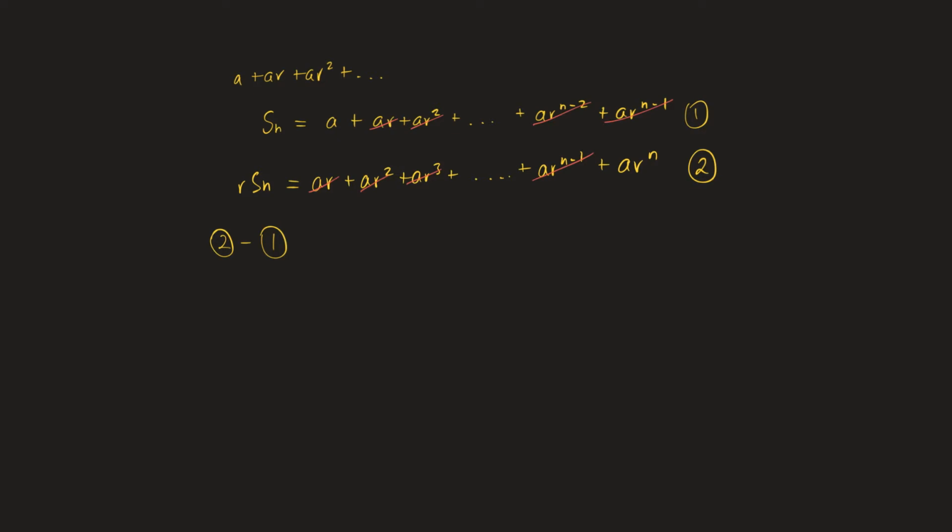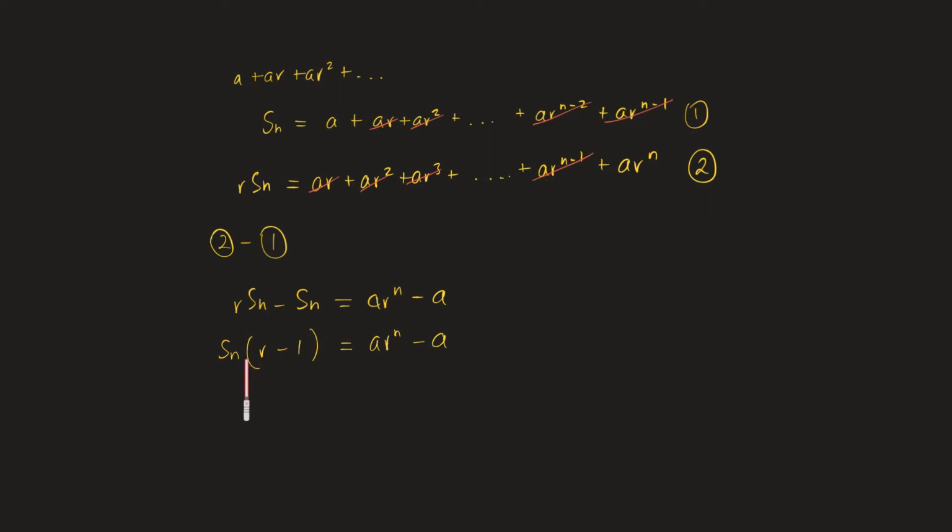And that will leave me with rSn minus Sn equals ar to the power of n minus a. And what I can do on this side is clean that up a little bit. So Sn is common, that'll give me Sn times (r minus 1) equals ar to the n minus a.